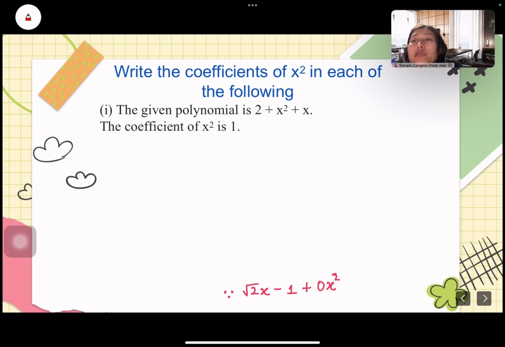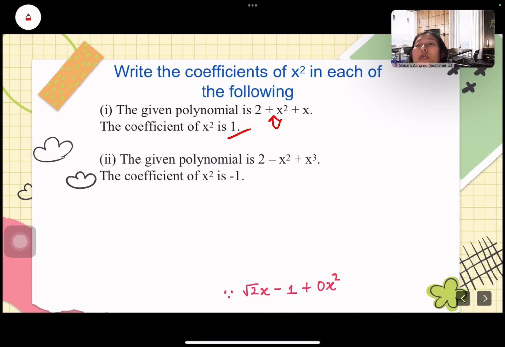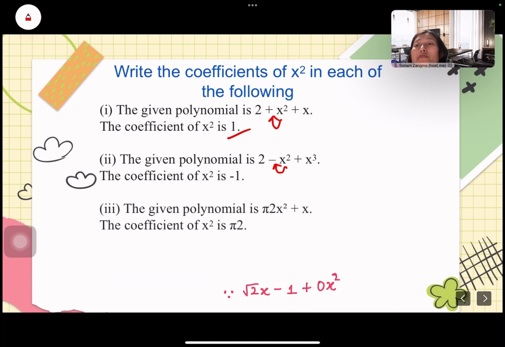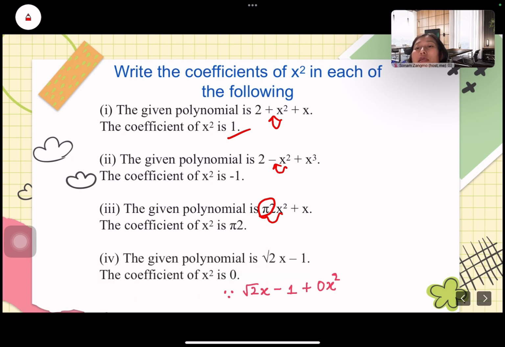So you have x squared here, in front there is none, that means 1 is your coefficient. In front of x squared, negative 1. In front of x squared you have constant 2 pi, and there's no x squared in this expression, that means the coefficient would be 0.